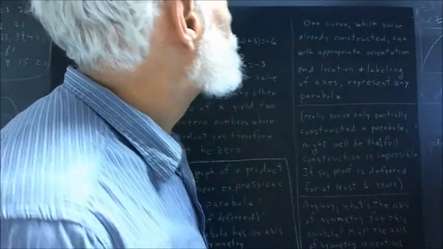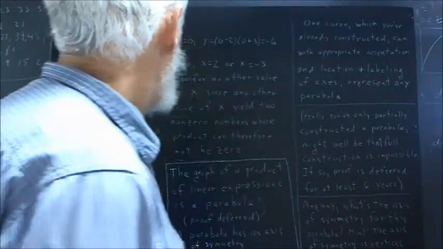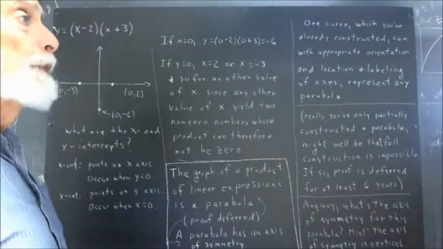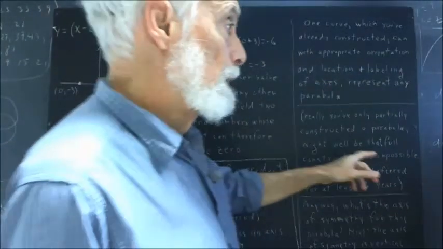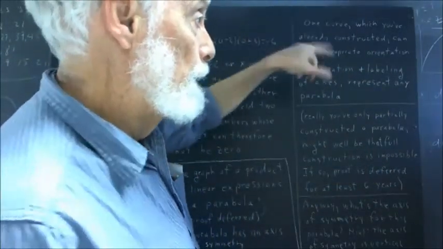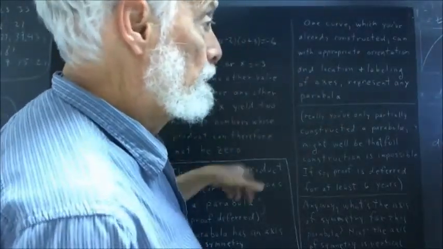One thing that you know, though, is that you've already constructed a curve that could represent any parabola. If we orient the curve properly, up or down, or right or left, I mentioned down, but I didn't trace it out.